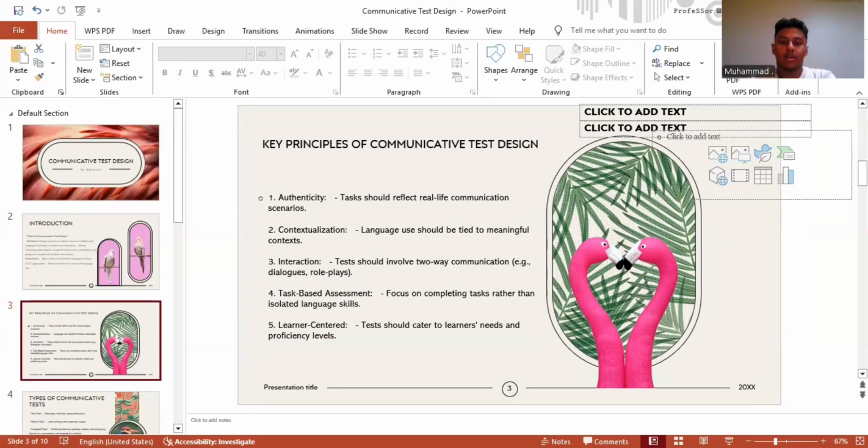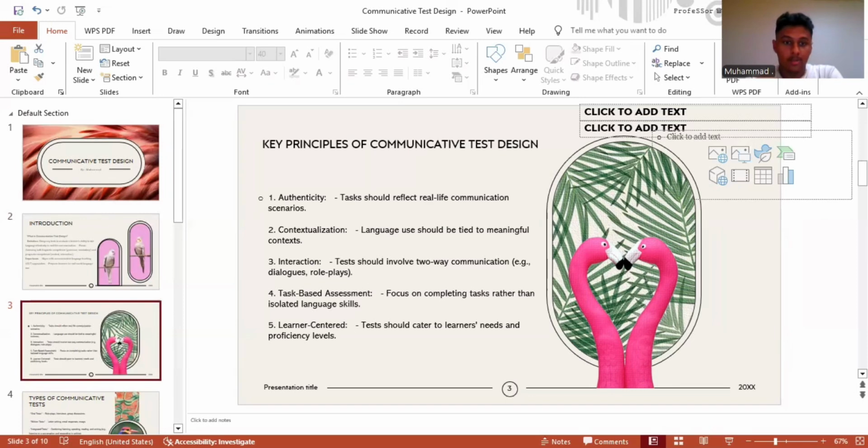And the second one, contextualization. Language used should be tied to meaningful context. The third one, interaction. This should involve two-way communication, dialogues, role play.